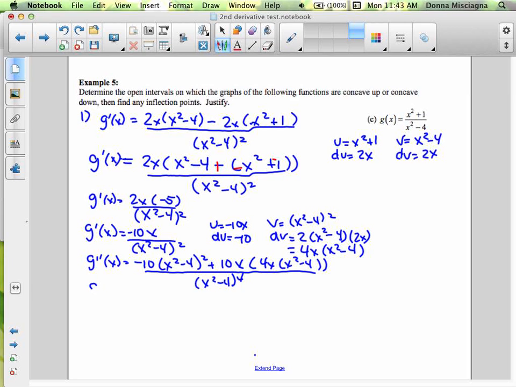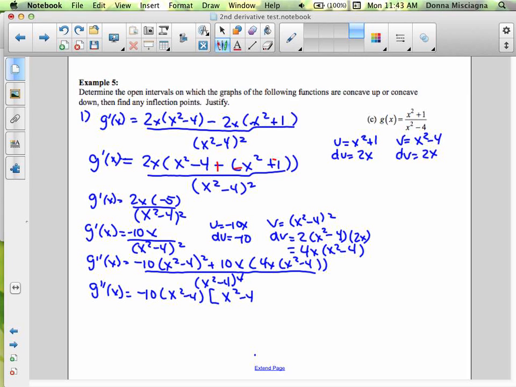Let's clean this up. So g double prime of x equals, let's factor out the negative 10, and let's factor out an x squared minus 4. So negative 10 times x squared minus 4. That'll leave, in the first term, an x squared minus 4.